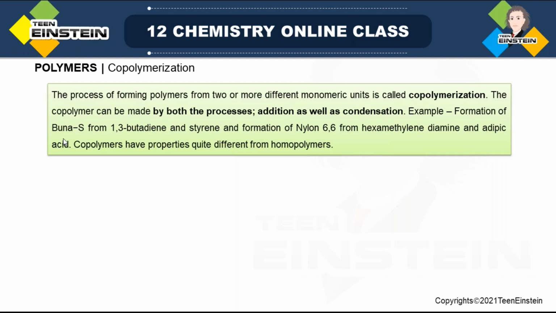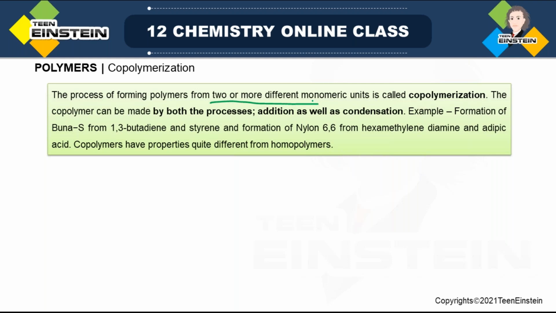The final product you get is known as a copolymer. This term we have just used in the previous slides. In a copolymer, there must be more than one monomer in the starting materials. So the process of forming polymers from two or more, at least two types of monomers, and it may be more than that also. Two or more different monomeric units must be present, then only it is copolymerization.